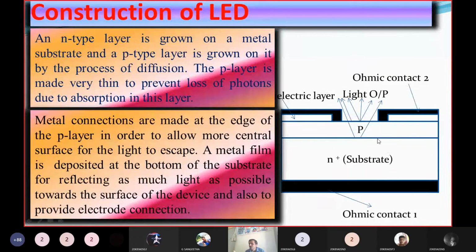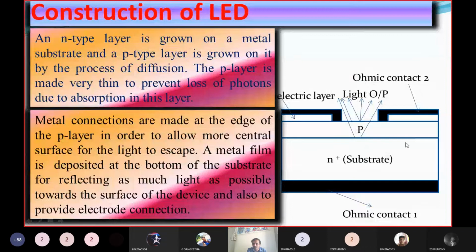Now, above the N-type semiconductor, again we will deposit the P-type semiconductor. That P-type layer will be grown on the N-type semiconductor. If you dope here, this is the N-type and this is the P-type, and here in between, the P and N region junction will be formed.